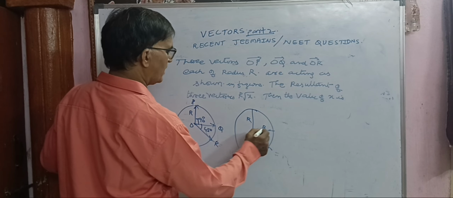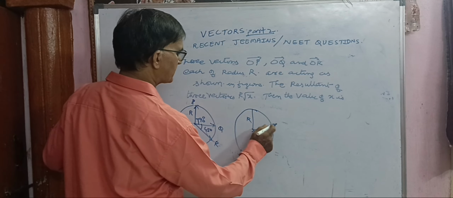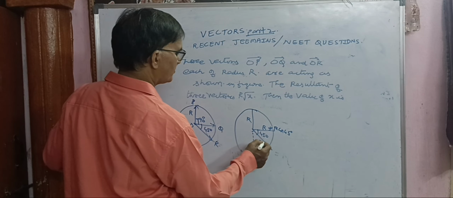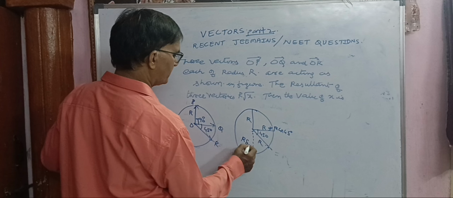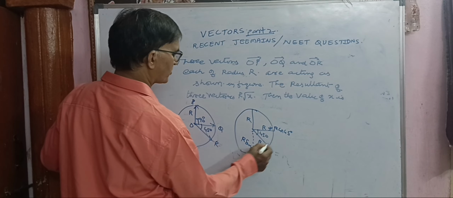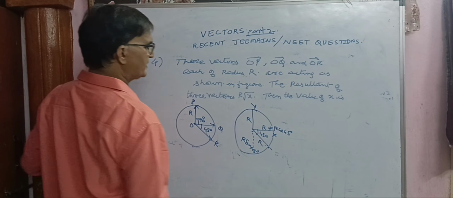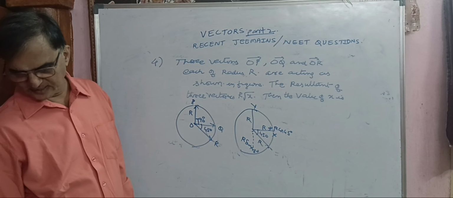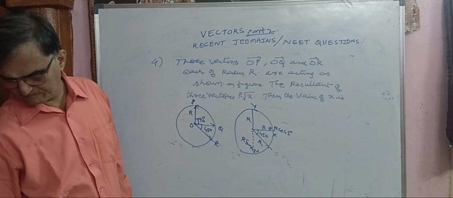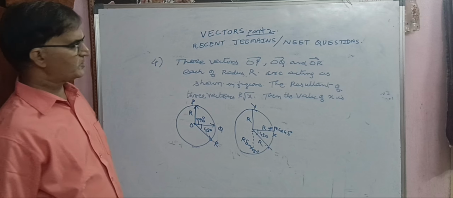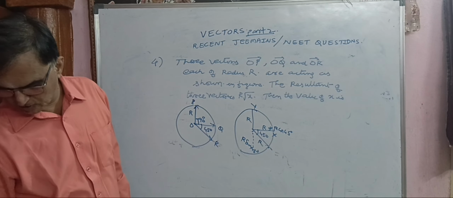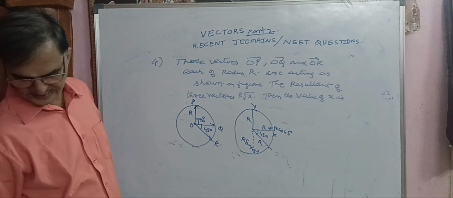This side will be R cos 45, and this side will be R sin 45. This we take as x axis, this we take as y axis. Now, if you take the resultant displacement here, what do you get? Each one is how much, R, no? Here you got R.